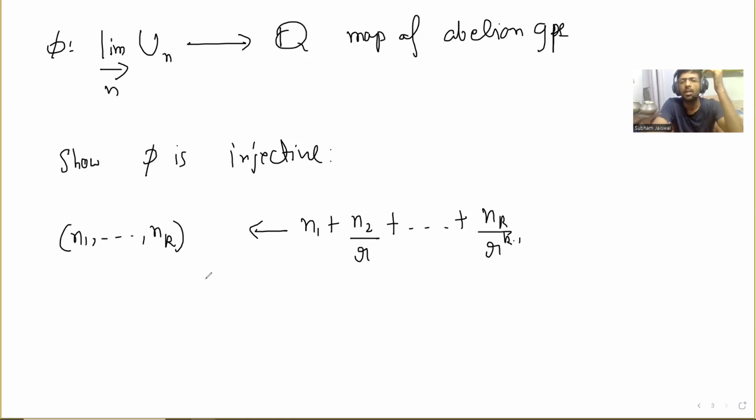So we should check that this is well defined.